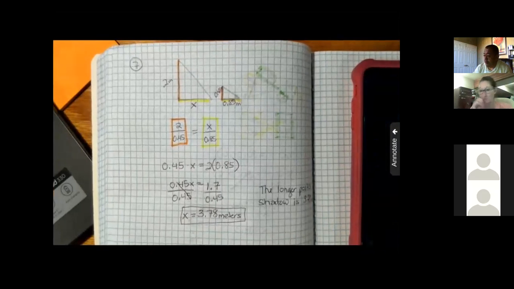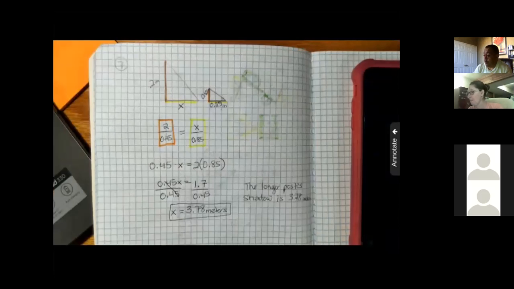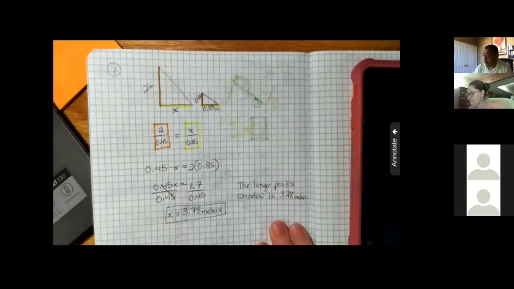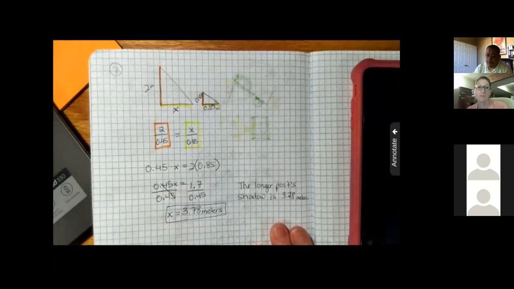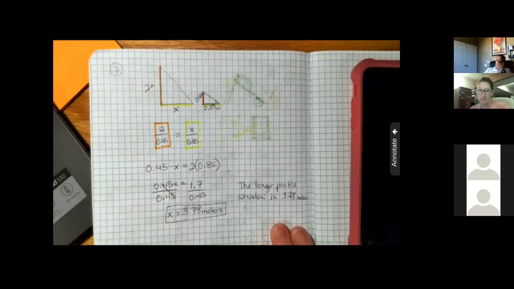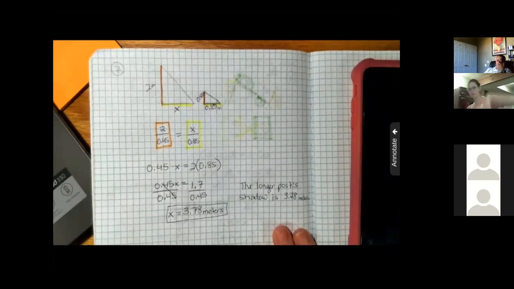The ones on the front of the page only ask, are they similar? Yes or no? And how do you know? And in the back, you have to find the missing length. So the first page is like the video he did, and the back of the page is like the last 3 we just did. Okay, thank you. So the last page you should be used to because that's what we've been practicing in the past. The new material is the first page.